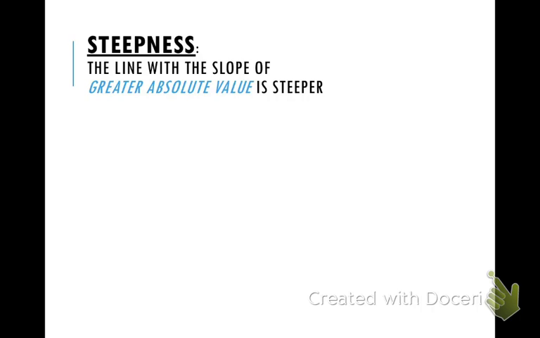Steepness of a line. Regardless if it's positive or negative, you can still have something that's going down, or a negative slope, that is steeper than something that has a positive slope. So with steepness, it's all about the absolute value, or really just making both of them positive and looking there and figuring out which slope is bigger.